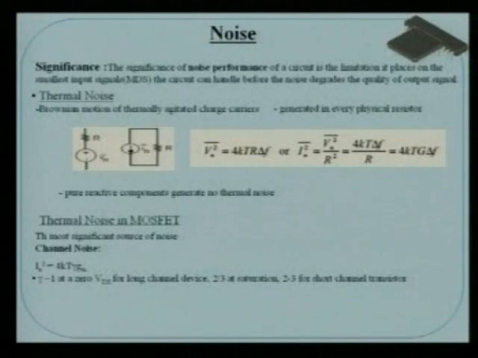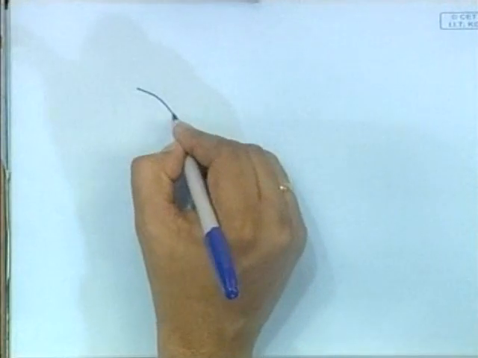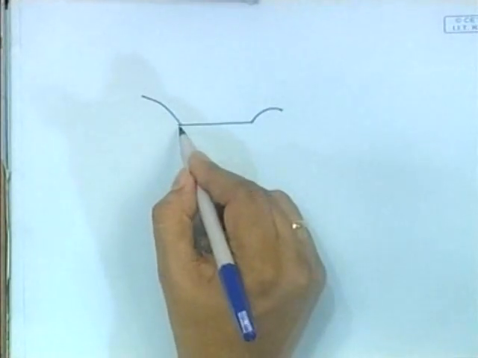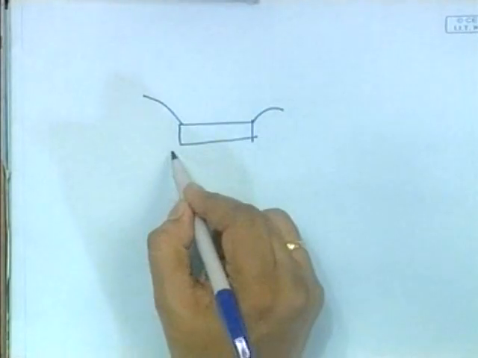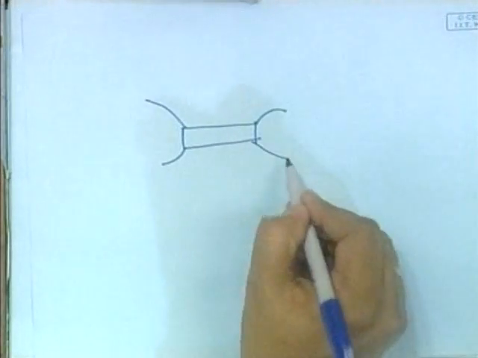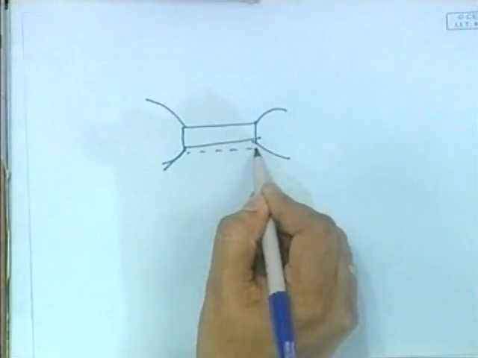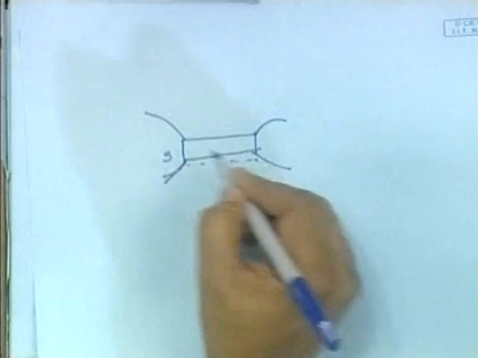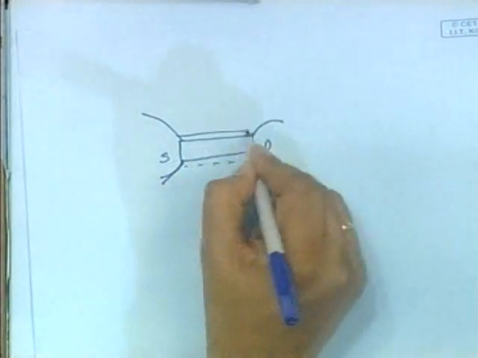Now it is not only the resistance components, but also the MOS devices. If you know the MOS devices, they have a channel. Suppose the channel is here. This is the source, this is the drain, and this is the gate.